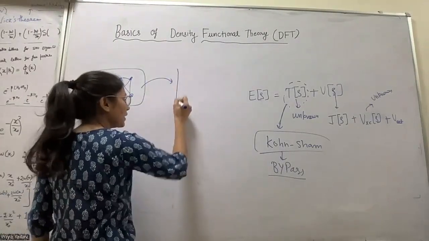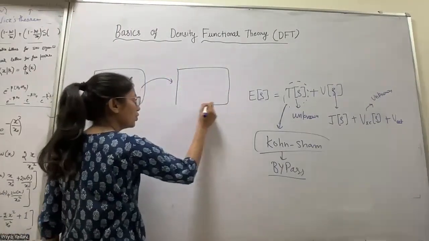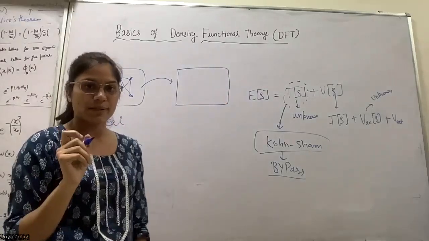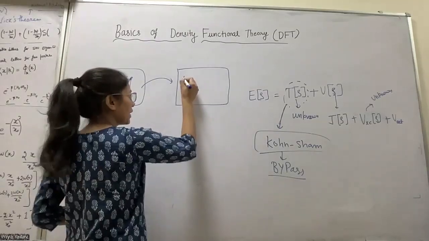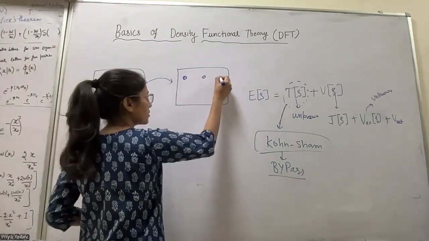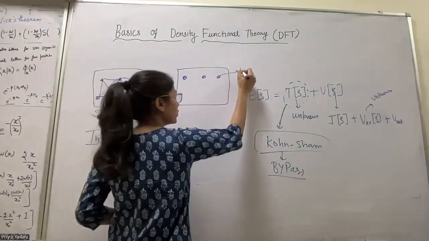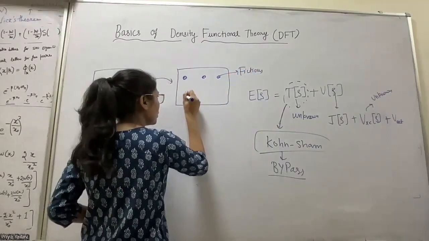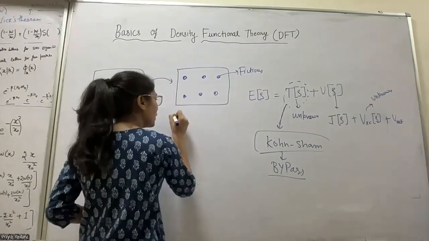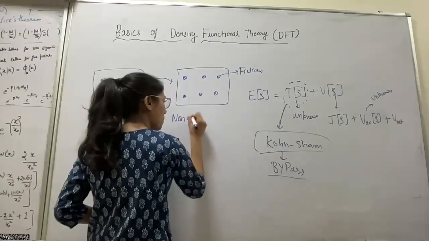He said that I will take a system which will give me the same density as the real system, but I'll not take real particles. These will be fictitious particles. These are not real. They are non-interacting.